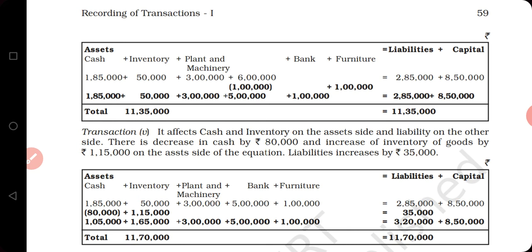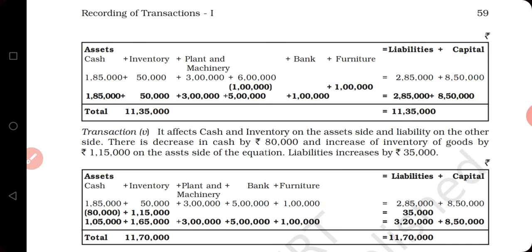This is by mistake. So cash balance will be 1,85,000, and inventory balance 50,000, plant and machinery same, and bank balance, earlier we had 6 lakh and 1 lakh we are reducing for making payment against the furniture, and bank balance will be 5 lakh.